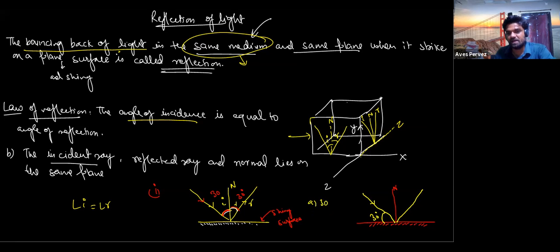Option A is 30 degree, B is 60 degree, C is 90 degree, and D is 0. What would be your correct answer? Option A.